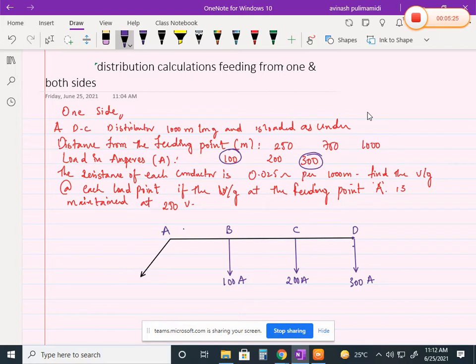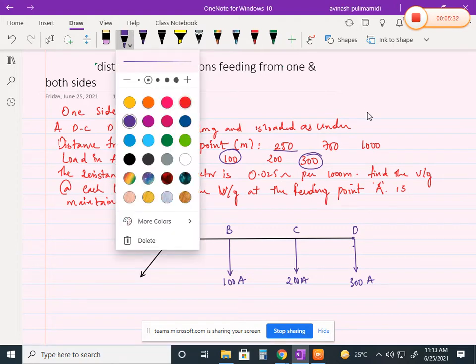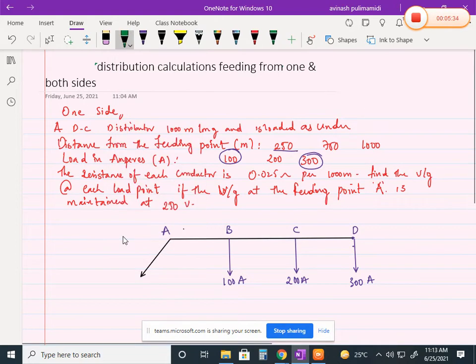And what is the resistance given? The first point, 250 meters. What about here? Here 750 means removing this 250 first, then the next we get here 500.